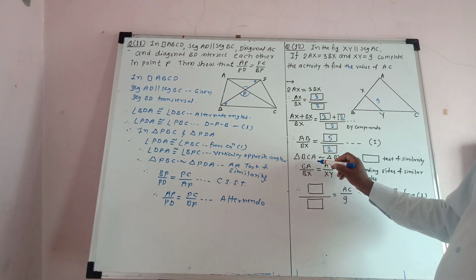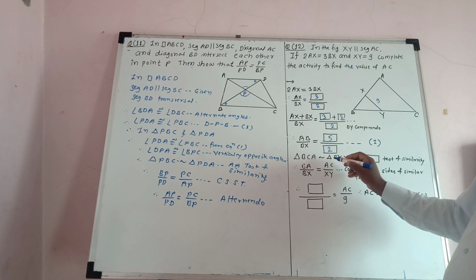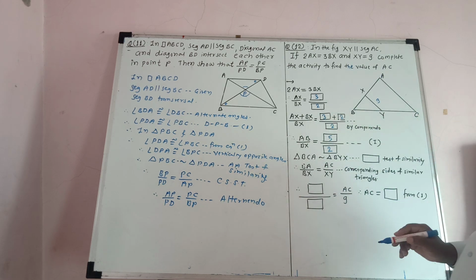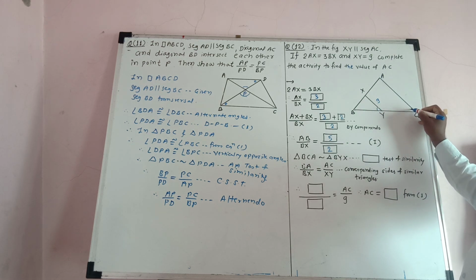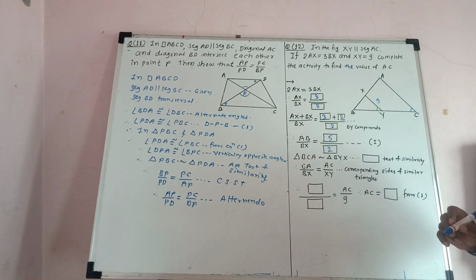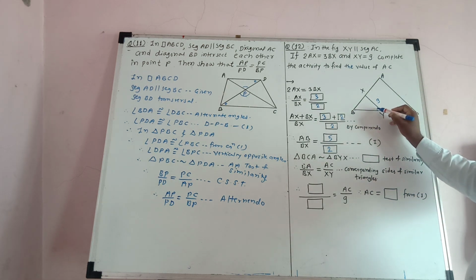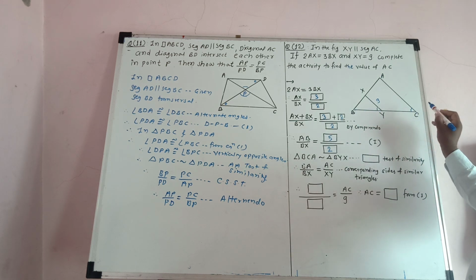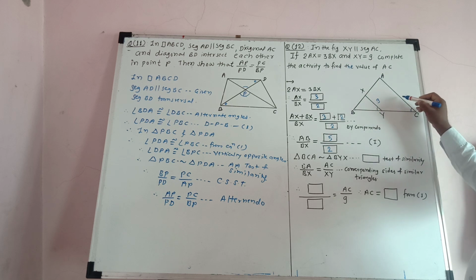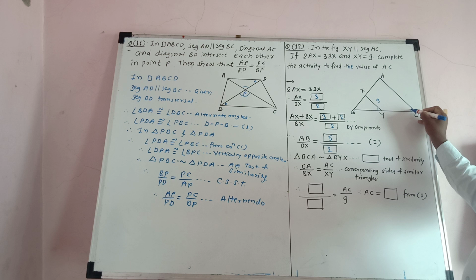Now consider triangle BCA and triangle BYX. In these two triangles, these two angles are congruent because they are corresponding angles, since XY is parallel to AC and BC is a transversal.